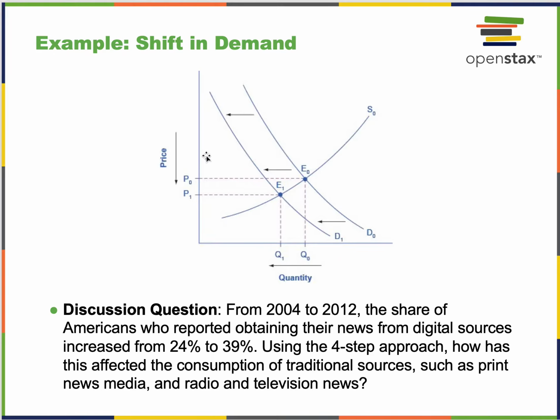The price has come down because most of the stuff online is free. So the demand for a paper newspaper has come down because people are getting their sources from someplace else. So when demand shifts down, price goes down, quantity goes down. You go from equilibrium here to here.